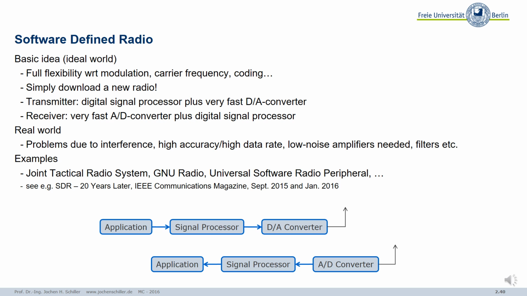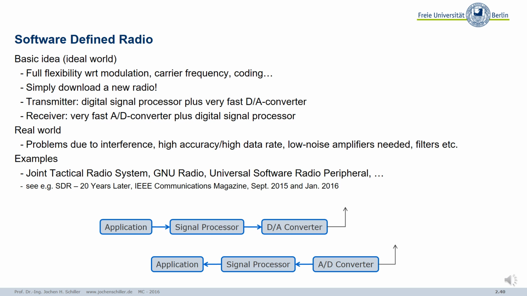Much more energy efficient. But over time, we had more powerful processors, especially so-called signal processors. And the idea there is now, and that's the key idea behind software defined radios, that you have an application generating user data, and then the signal processor basically downloads modulation scheme, carrier frequencies, coding, all these things, downloads over the air.